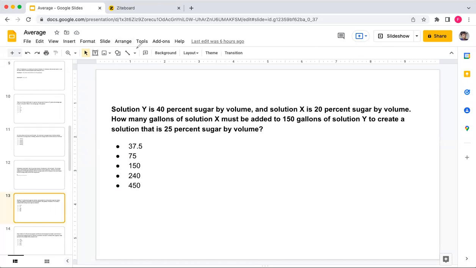Okay, so let's solve this question now. We have solution y and solution x. Y is 40% sugar by volume, and you know what is meant by sugar by volume? That means out of the total, 40% is sugar, right?